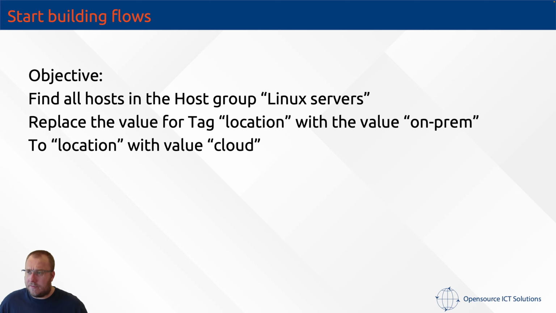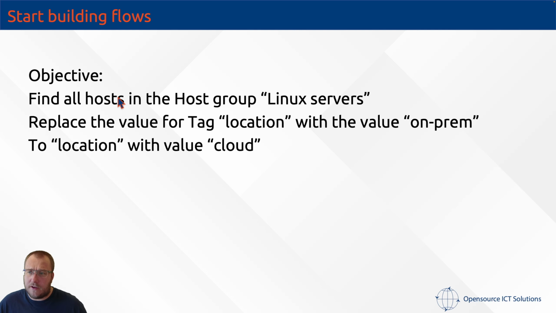So basically we are telling Zabbix that all Linux servers that were hosted on premises are moved to the cloud, and we would like to have Zabbix reflect that change. Okay, so this is the objective, how to get there.